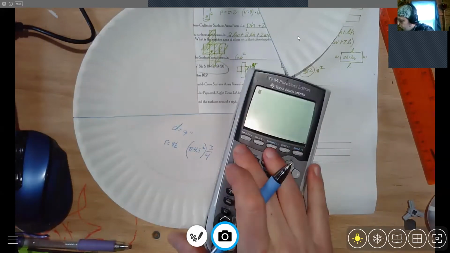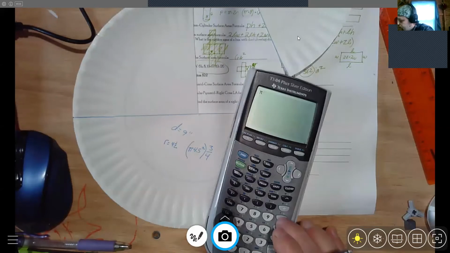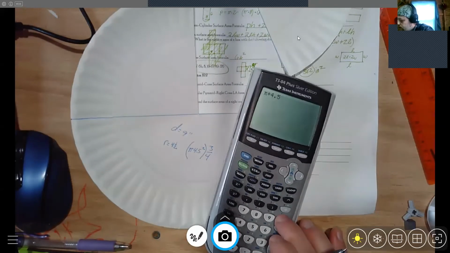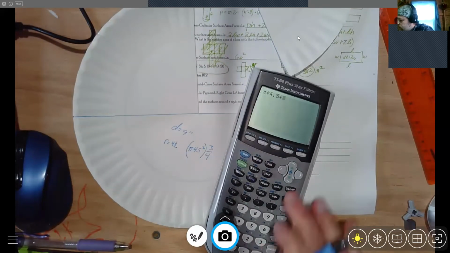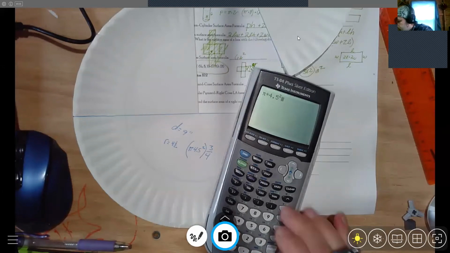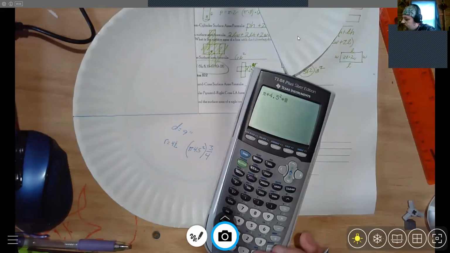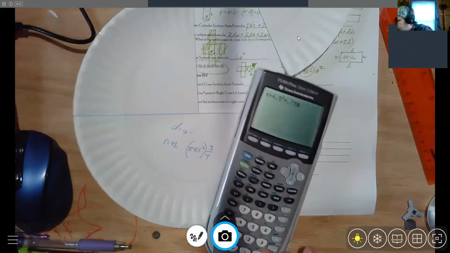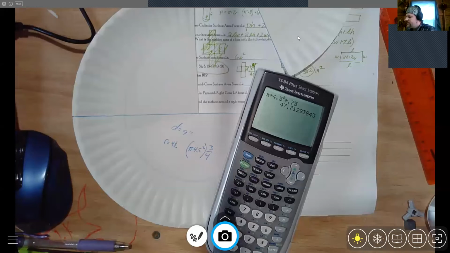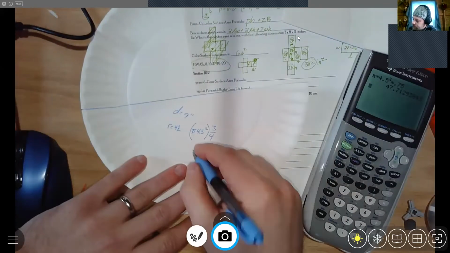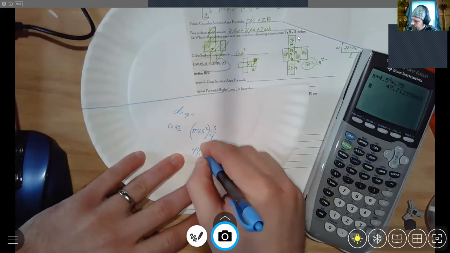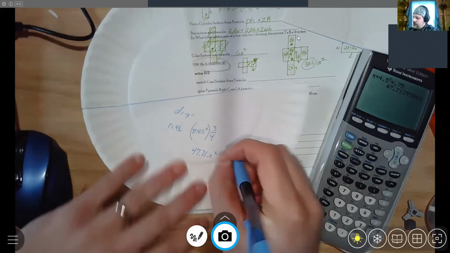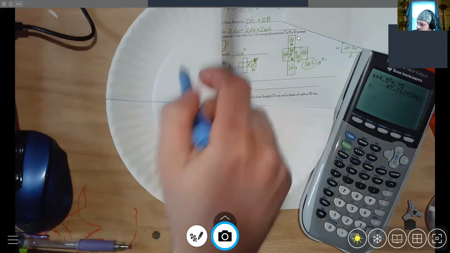So pi times 4.5 squared times 3/4 gives 47.71 square inches. That's the area of this piece here.